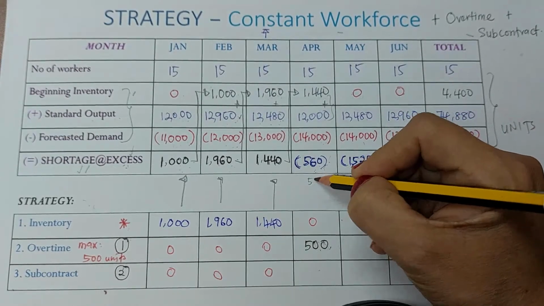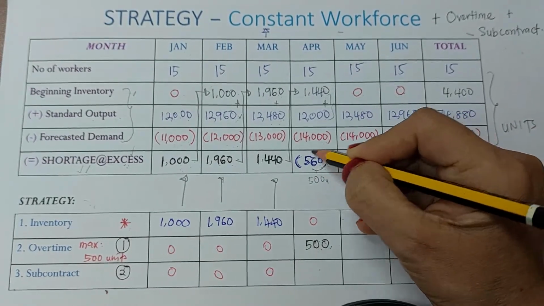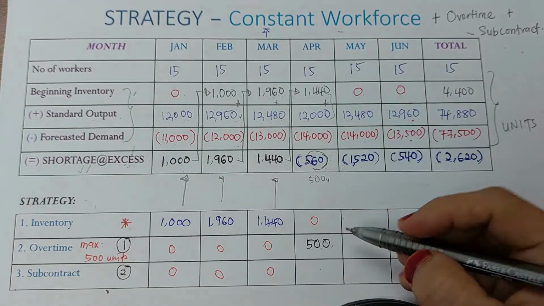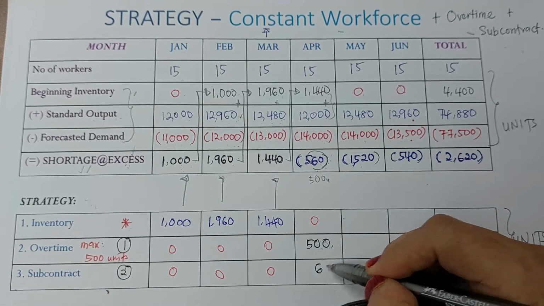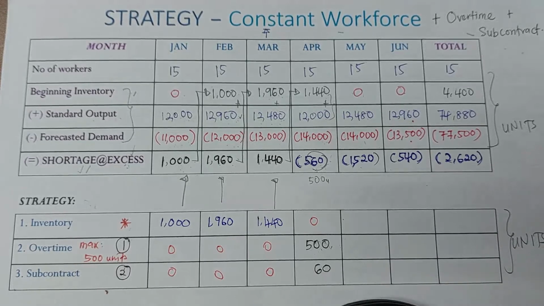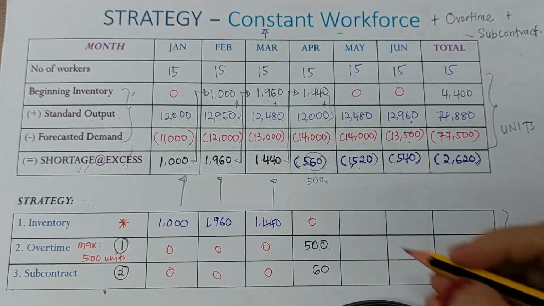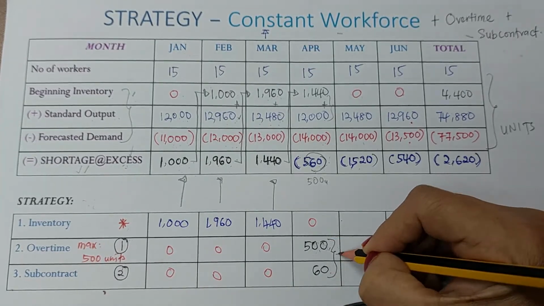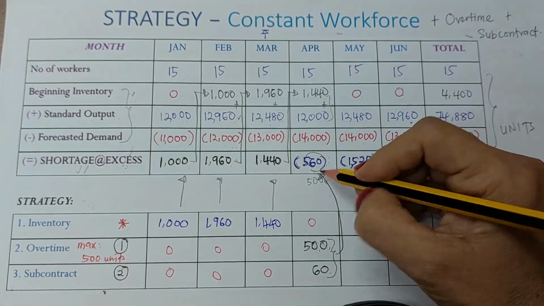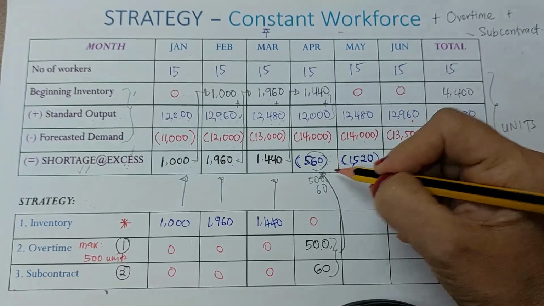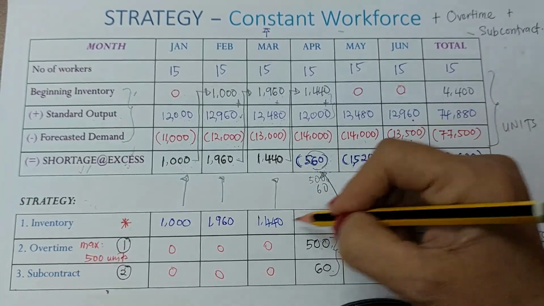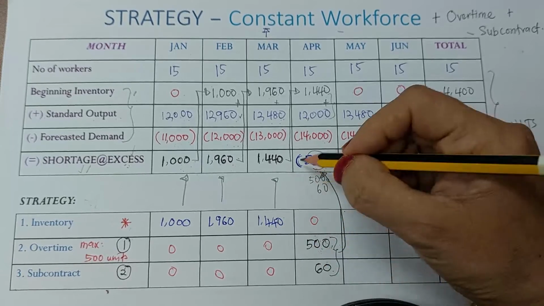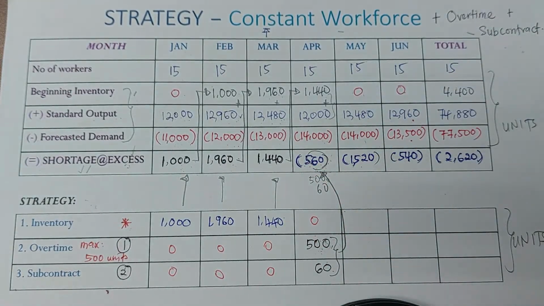So we have solved 500 units, but we have a balance of 60 units. So this balance of 60 units will be produced by using subcontracting or subcontract. Okay, so when we add these two together, overtime and subcontract, then we are able to solve this shortage problem of 560. So whatever strategy you choose, make sure that the total that you put in the strategy is equal to the shortage and excess up here.